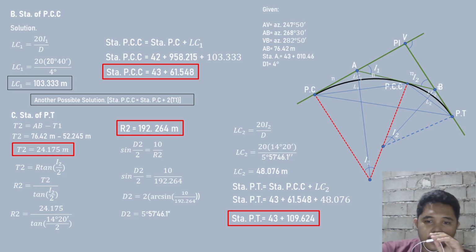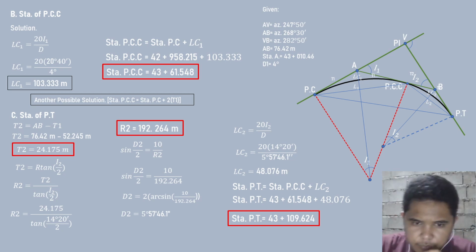What I did here is solve for T2, since we have the distance from A to B and also T1. We just subtract T1 from AB. Therefore, our T2 is equal to 76.42 meters minus 52.245 meters. Our T2, therefore, is equal to 24.175 meters.